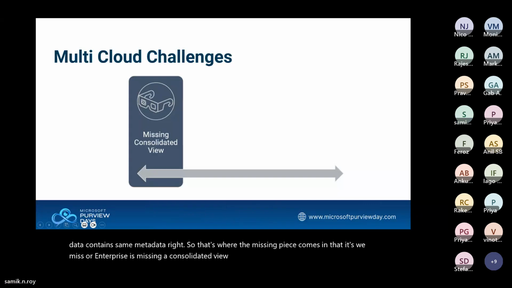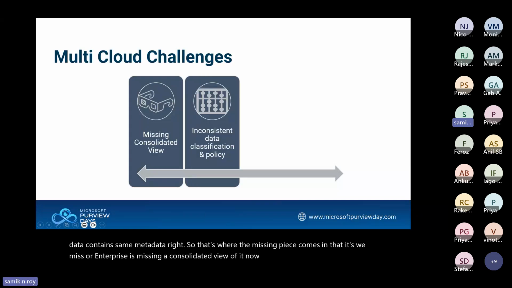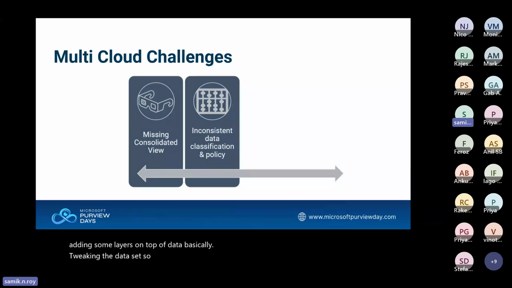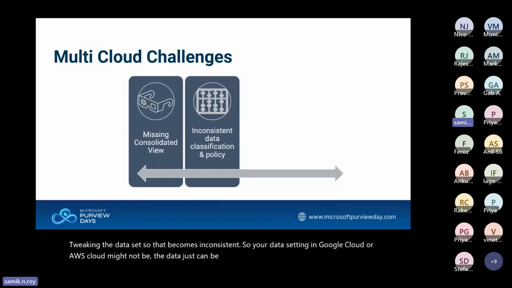Now, along with that consolidation, the moment you download or write a query, at times the customer might ask, can you format this column for me? So we are adding some layers on top of the data, basically tweaking the data set. That becomes inconsistent. So your data set in Google Cloud or AWS might be the same data, but it might not be the same as the copy sitting in Azure.